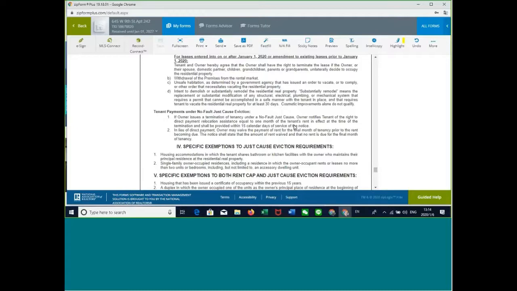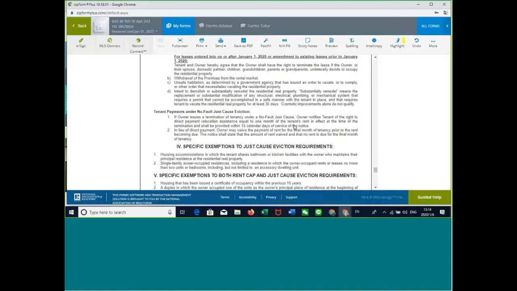If it is a very old property and later on the property has to be substantially remodeled and the city will not issue a permit with the tenant still there, in this case, can you end the lease? It's not the landlord's fault and it's not the tenant's fault. Okay?